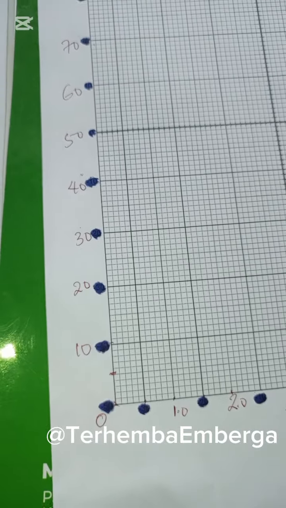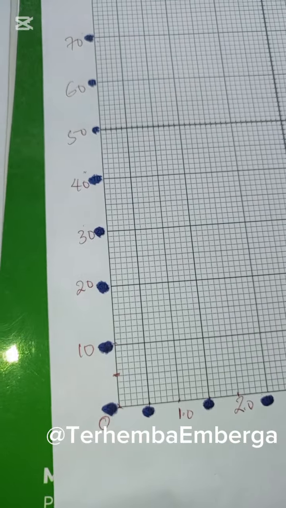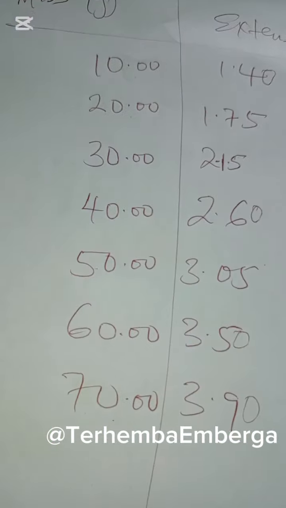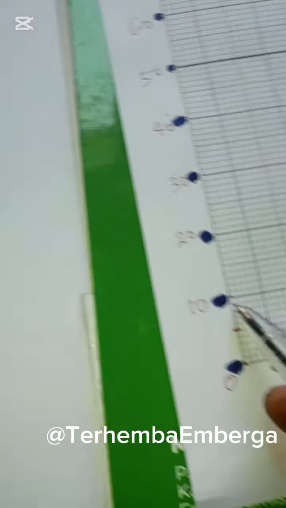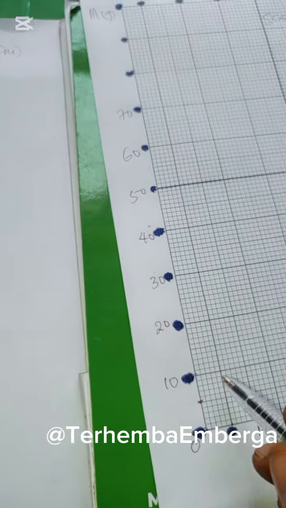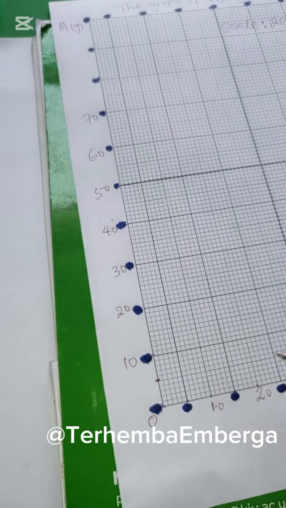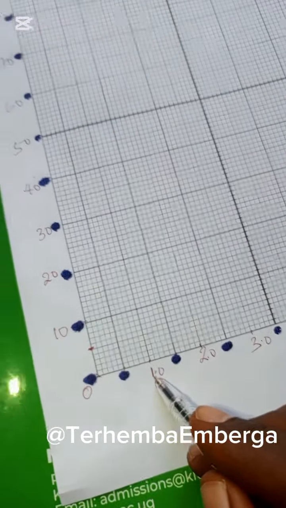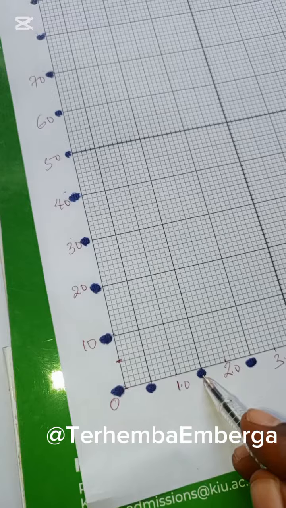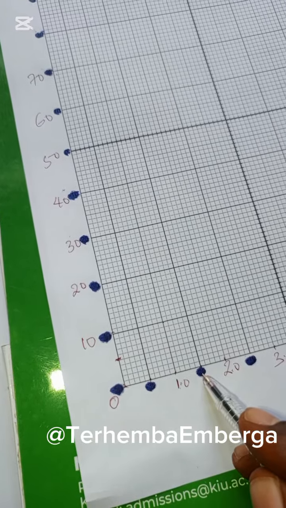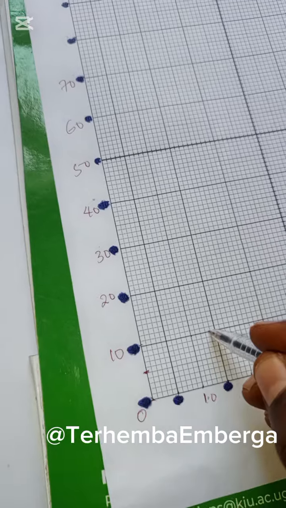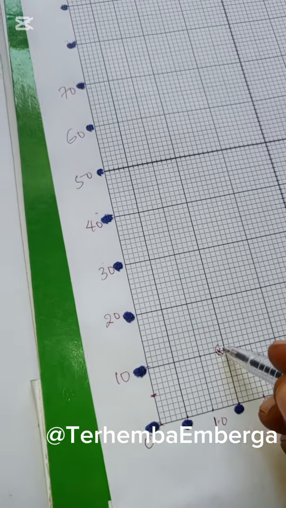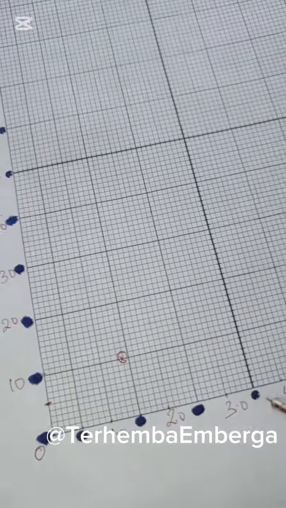So we now plot our values. The first value is 10 against 1.4. This is 10. This is 1. If this is 1, there should be 1.5. So 1.4 should be here. You mark your value there.